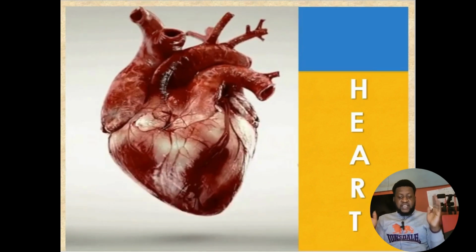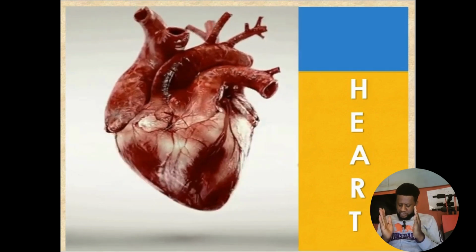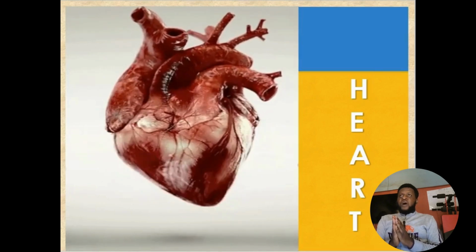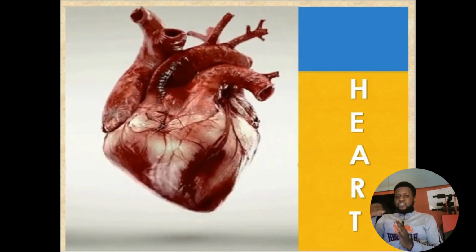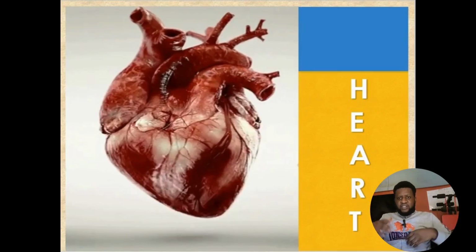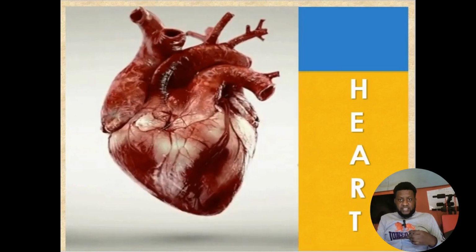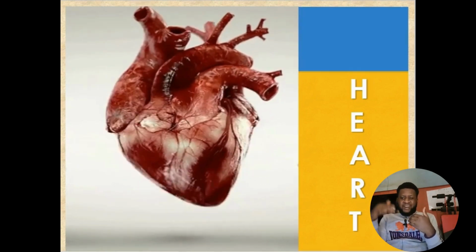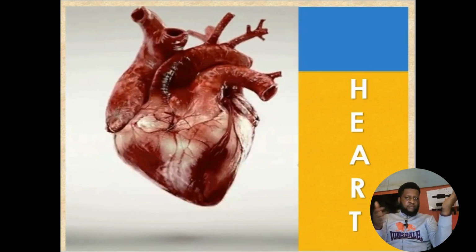Take note of this: when you are deciding which side of the heart is the right or the left, you have to take the structure's point of view. If the heart is inside my body, I can tell you this is the right side of my heart, while this is the left side. But if you are looking at me, my right will be your left, and your left will be my right.